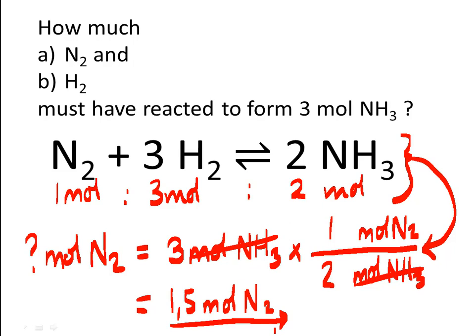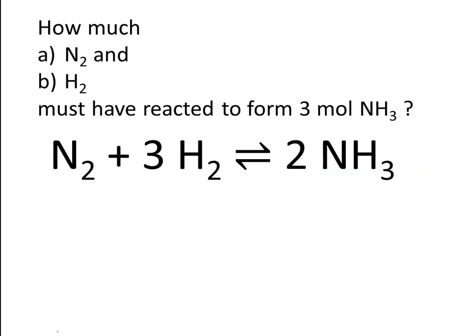That makes sense because the ratio in which they react is 1 mole nitrogen for every 2 mole ammonia. So if you don't want to form 2 moles of ammonia, but rather 3 moles of ammonia, we need half as many of that, 1,5 moles of nitrogen. Now what about hydrogen? How much hydrogen must have reacted to form 3 moles of ammonia?